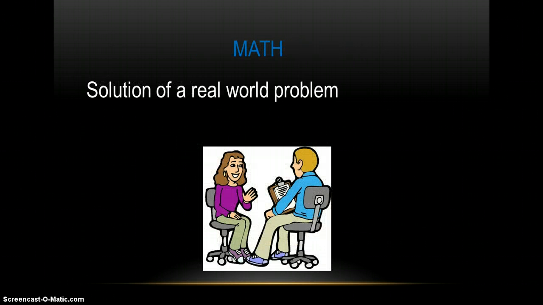The next one is math. We can teach math using this technique. For example, it involves the solution of a real world problem. In this case, the activities can be used to find a solution of a real world problem.